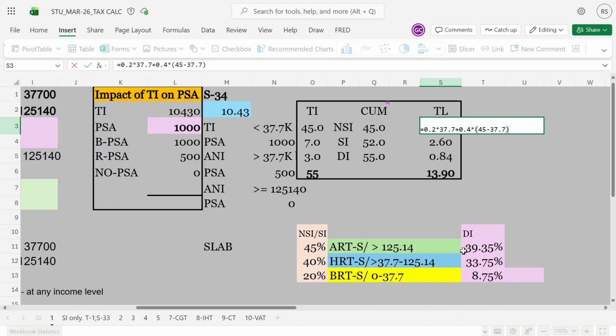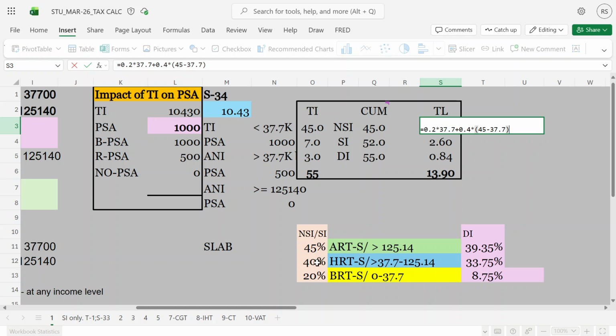Then the first 37.7K of savings income will be taxed at 20%. The excess of 25 million over 37.7 up to 125.14 will be taxed at 40%.